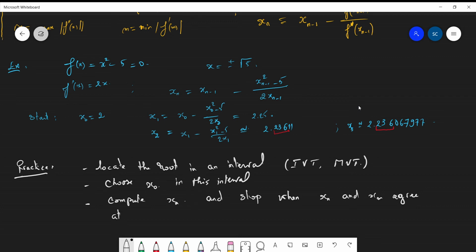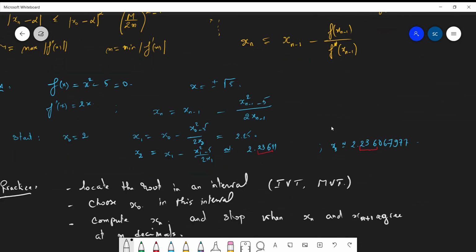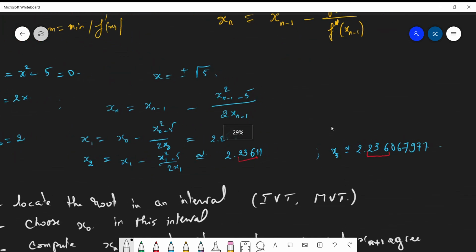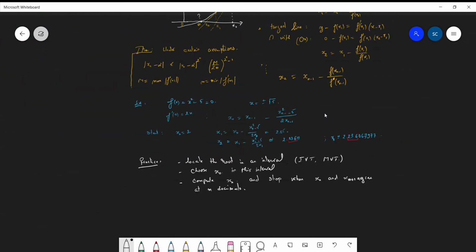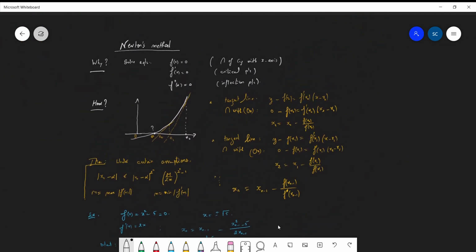So in a practical way, think to do that. This was the short description of the method.